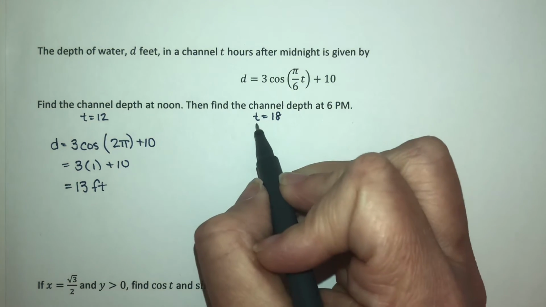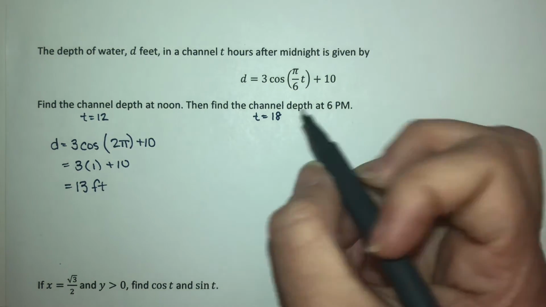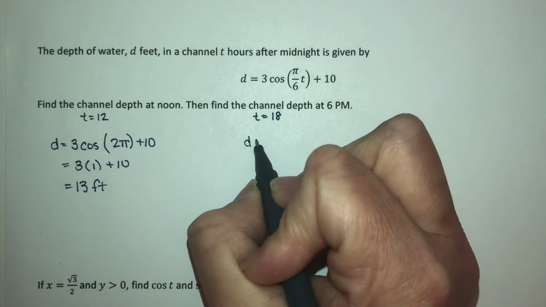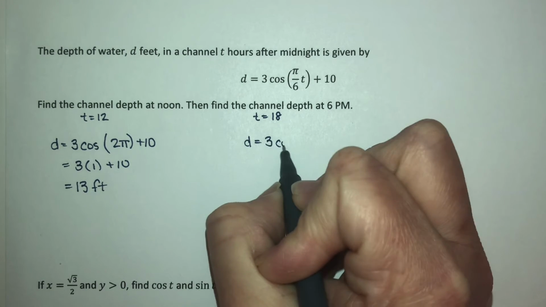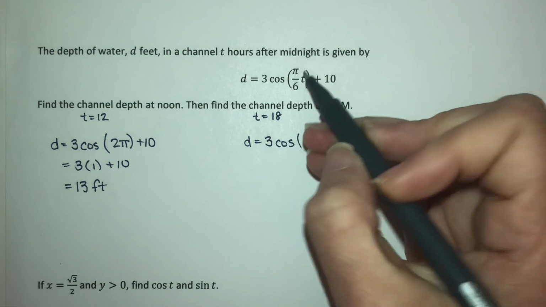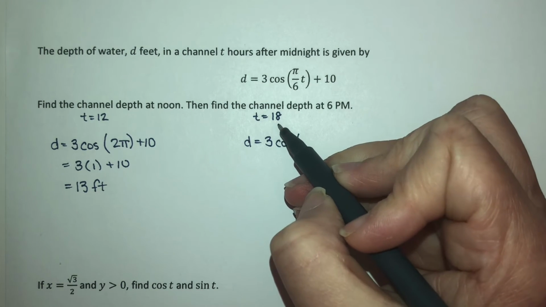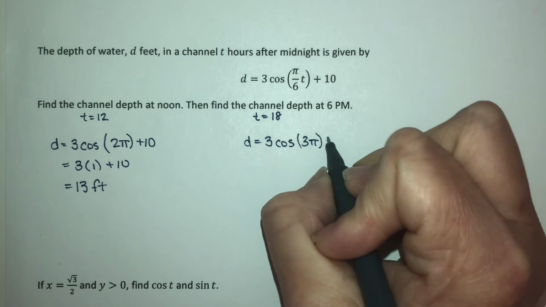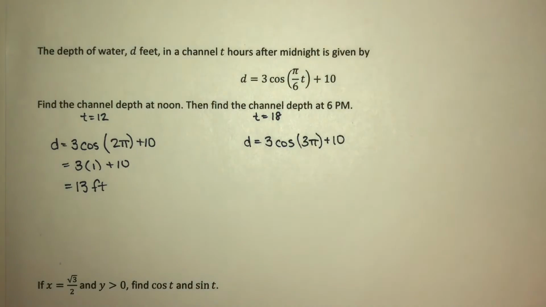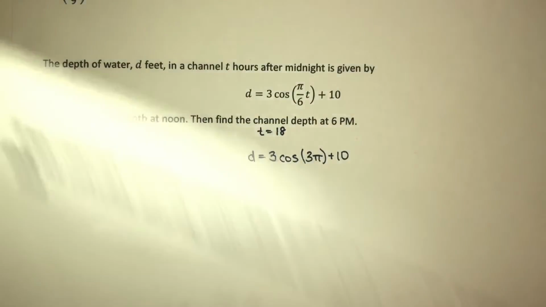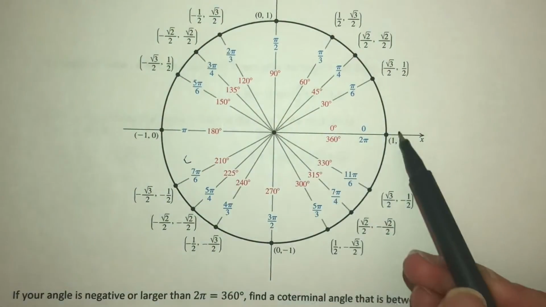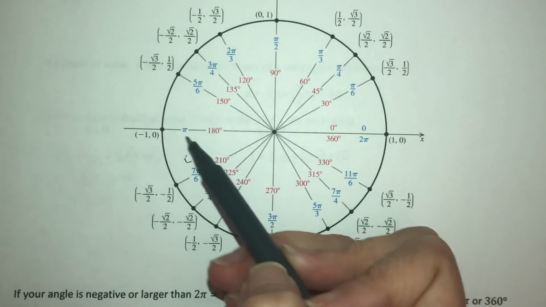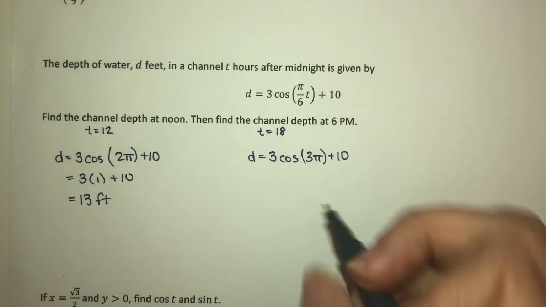Let's do the same thing when our time is 18. So that's d equals 3 times cosine of, if I multiply pi over 6 by 18, that gives me 3 pi, plus 10. Well, 3 pi, 2 pi, and then another pi, that's coterminal with pi.